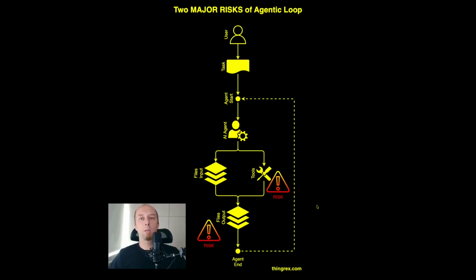So those are the two main risks you need to be aware of when you ask your agent to develop something for you. That it might invoke some unintended tools or use allowed tools in an unintended way, and that the final quality of generated assets might not be what you expect.